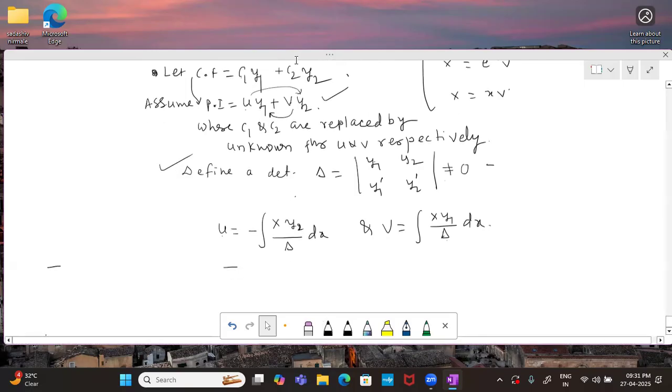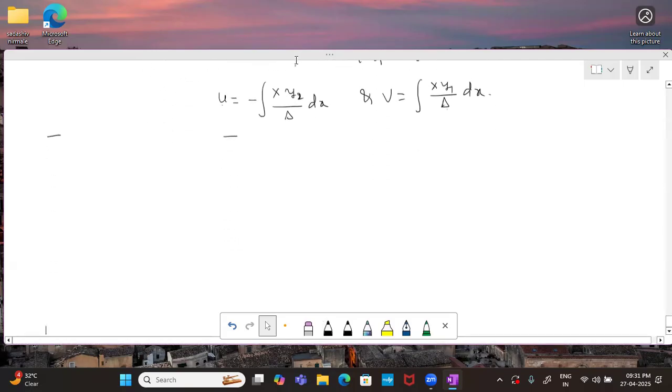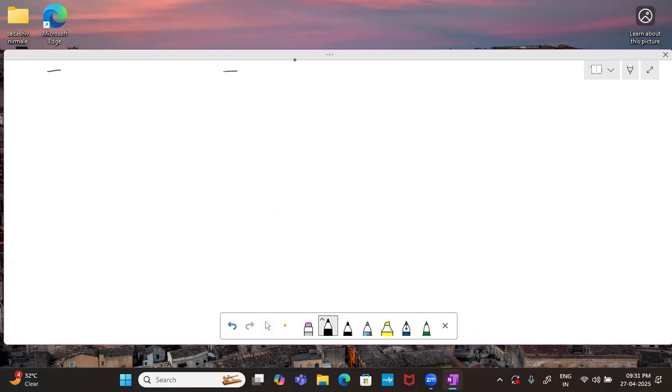And remember that in the method of variation of parameters, if we require integrals at some stages, we have to use these formulas from integration: integration of sin ax, cos ax, and tan ax.